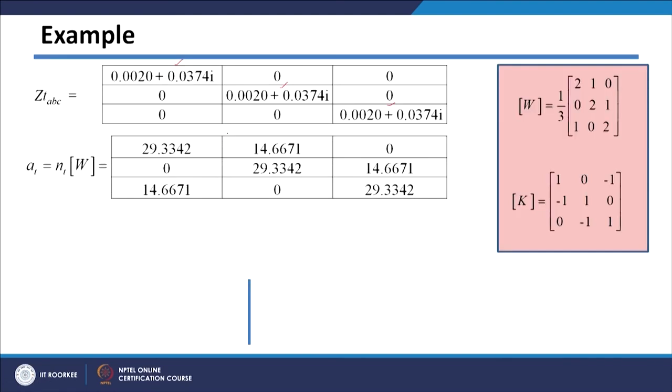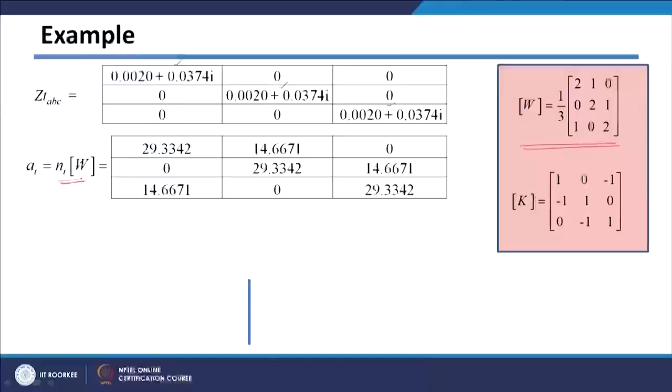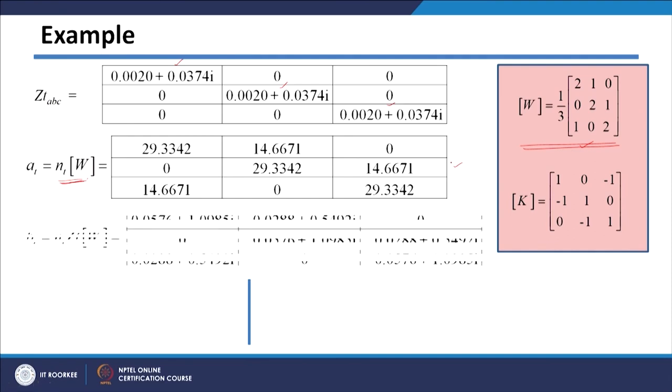For that we have got the A parameter, which is NT multiplied by W, and we know the W matrix, which you have derived, which basically converts your line to line voltages to line to neutral voltages. NT we have got as 44, and W is this matrix here. So, 44 multiplied by the W matrix will give me the A matrix. So, we have got the A parameter matrix.